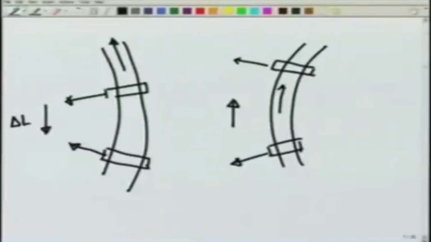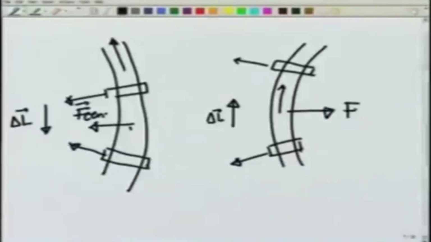This is delta L. On the other hand, when it's turning on this track, it requires a centripetal force in the direction to the left, and on this track it requires a centripetal force in the direction to the right so that its center of mass moves properly on the track.